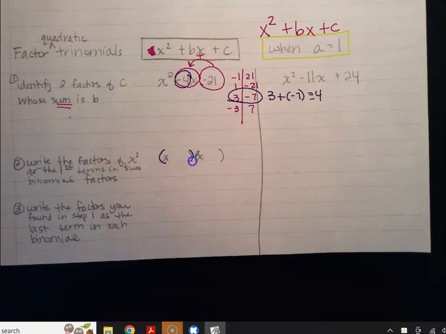We've got our parentheses because we want two binomials. We put the x as the first term. And then, step 3, write the factors you found in step 1 as the last term in each binomial. So I'm going to say, well, x plus 3 and x minus 7. And you are done.